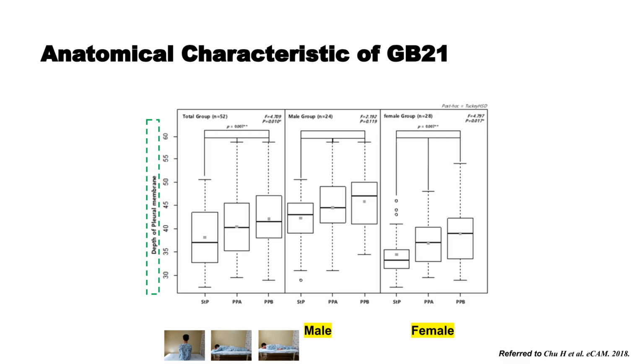The results show that the safe needle depth is highly dependent on posture and gender. Most importantly, these differences are highly dependent on the individual patient. This reinforces why individual observation, specifically with ultrasound, is necessary every time we treat GB21 to ensure safety.